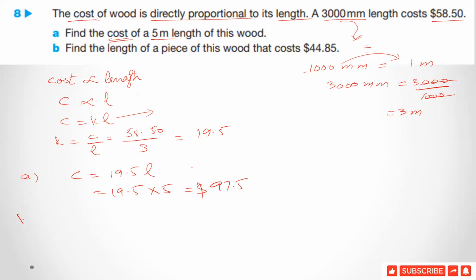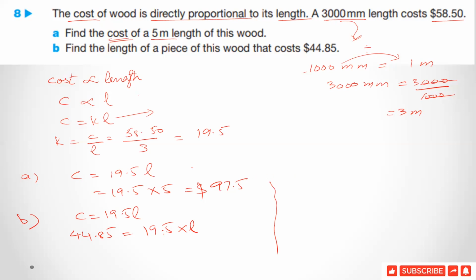Now, if I go for B part, find the length of a piece of this wood that costs $44.85. So again, I take the same. C equals 19.5 times length. So cost is here, 44.85 equals 19.5 times length. Check out here. 19.5 is multiplying length.